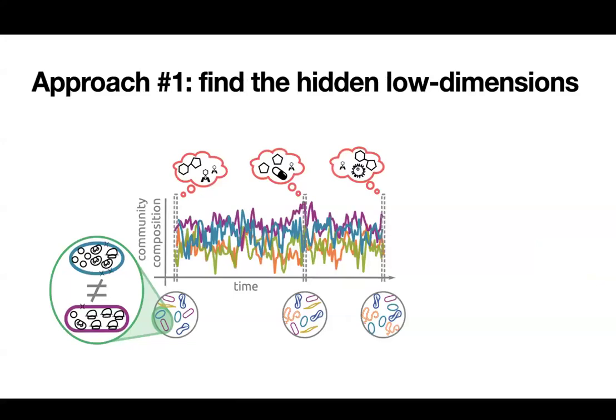Well, there are sort of two approaches to deal with this. One is the most traditional approach in microbial ecology, which tries to identify hidden low-dimensional structures. So perhaps we are in an environment where, over time or across space, there are some big changes of one nutrient, let's say, and these changes correspond to one specific trait of these individuals.